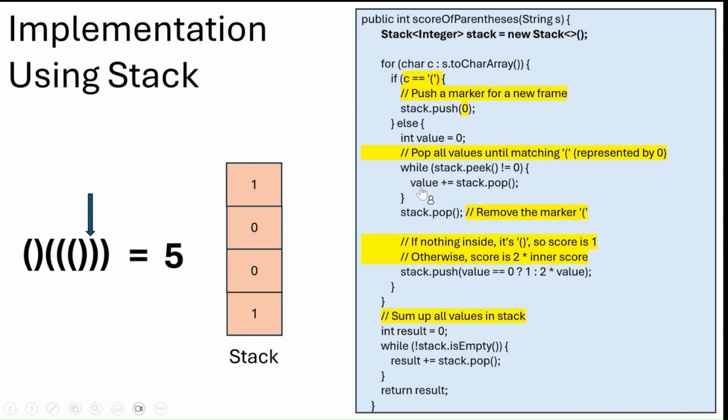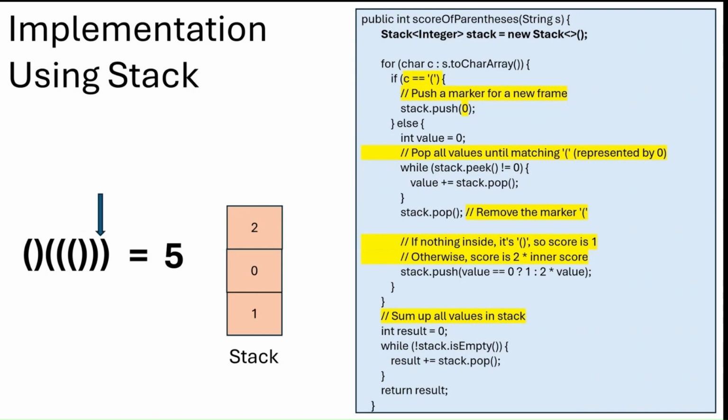So what we do, we sum up all the values. Now value is 1. We remove, stack.pop, basically the open bracket for this closing bracket, and value is 1. Now 1 into 2. Why 2? Because it is inside the pair of parentheses. So the value will get doubled based on rule 3. And we push that score.